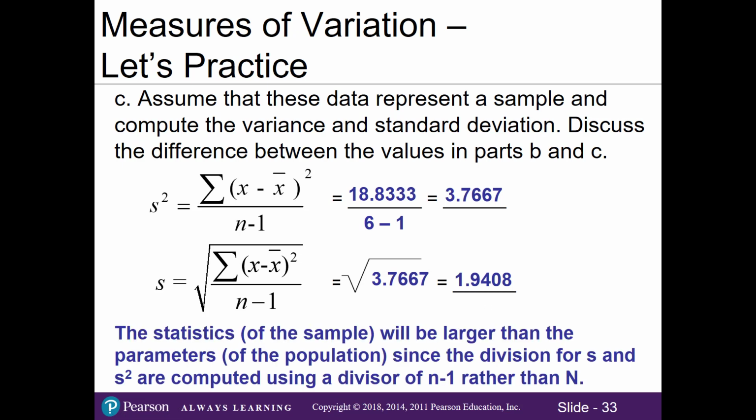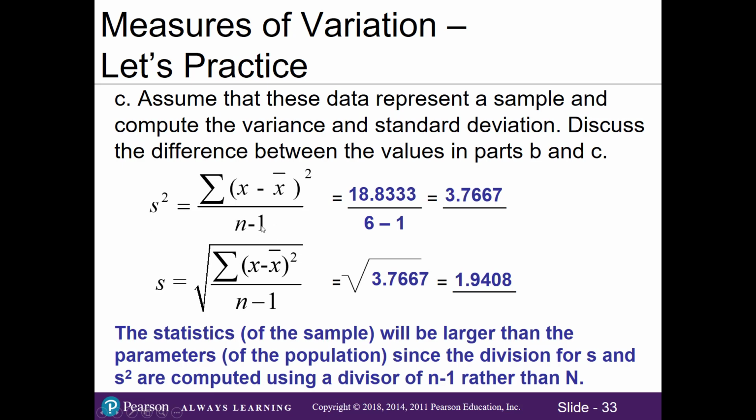Now what you'll notice is that the statistics from our sample, that's our numbers right here, are larger than the parameters which we calculated in part B for the population, because the division for our variance and standard deviation has a different divisor than in the population. Our divisor here is n minus 1.